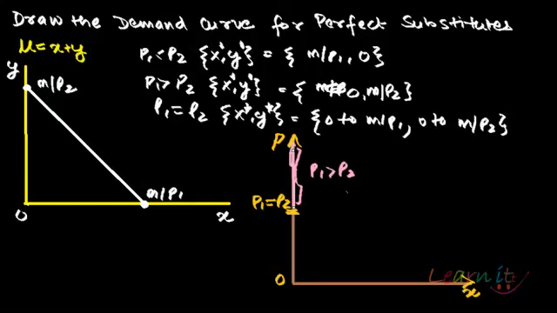Let me put in another color. If P1 is equal to P2, then he can consume anything between 0 to m by P1.